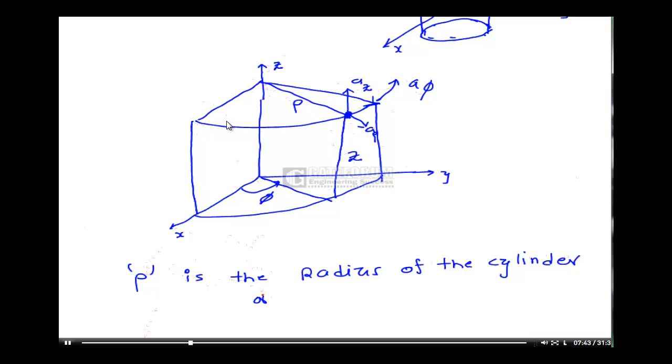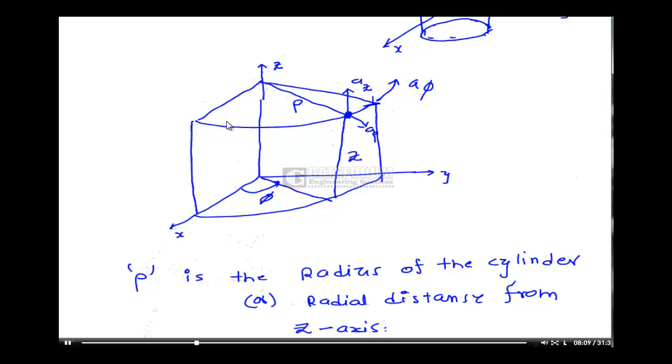Or we can also define it as the radial distance from z-axis. That is the distance from z-axis to the point. That is called radial distance. So rho is the radius of the cylinder or radial distance from z-axis.